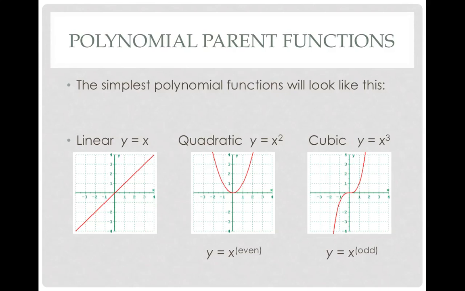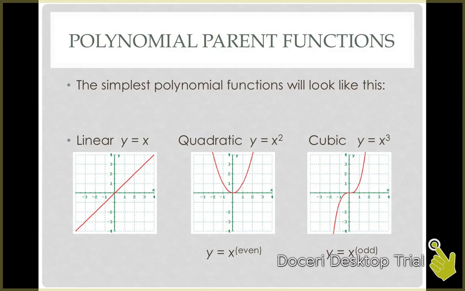It's going to have that U shape to it. It's just that it's probably going to be a little wider than what the quadratic is. But that same general shape will hold for any x to an even power.